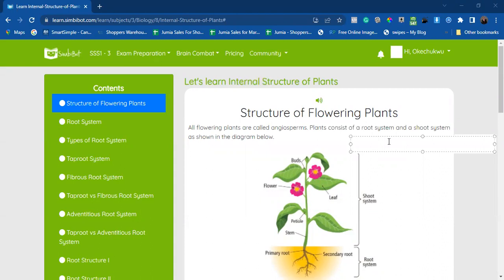The plant kingdom is divided into 5. We have what we call the Talophyta.